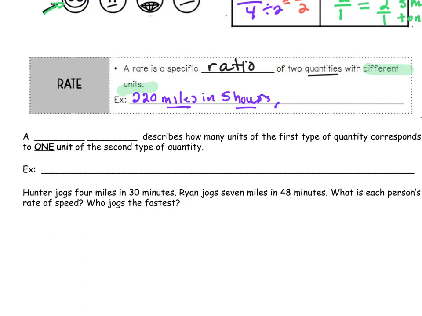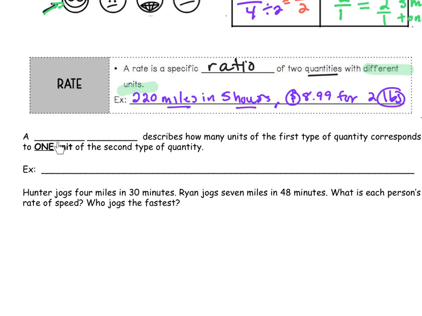Or we might say that it costs $8.99 for 2 pounds of cheese. So again, money is one of the quantities, and pounds is another quantity.